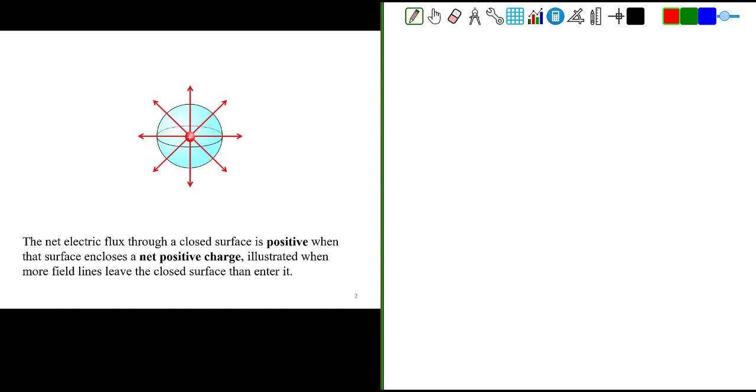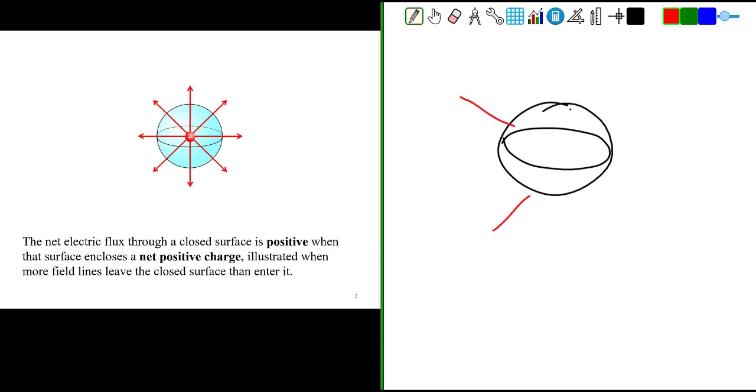As we've discussed in previous lectures, if we have a surface that is enclosing a volume of space, and we look at electric field lines that cross the surface going in, and electric field lines that cross the surface going out, based on the number of field lines crossing the surface in and out, we could determine whether the total charge inside that volume is positive or negative.